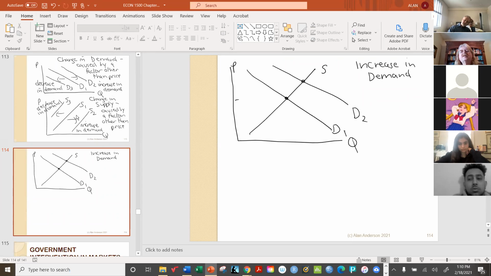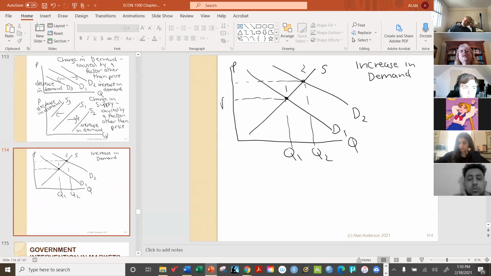Just to keep it simple, I'll call these points 1 and 2. It's understood these are equilibrium points: Q1, Q2, P1, P2. And you should be able to tell from the graph that the price went up and the quantity went up.